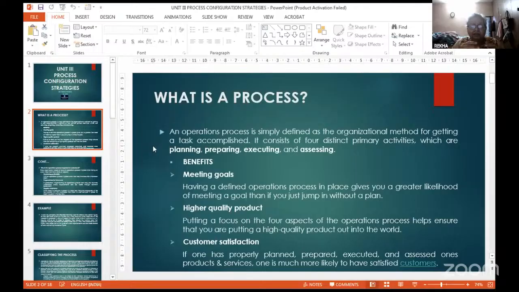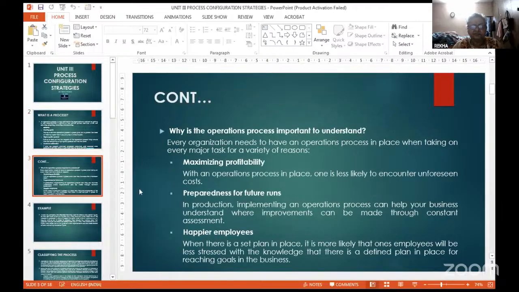Customers will be more satisfied with your work, because it is the way you are doing it that makes a lot of difference. What will be the quality, what will be the price? So it is very essential to understand the process.